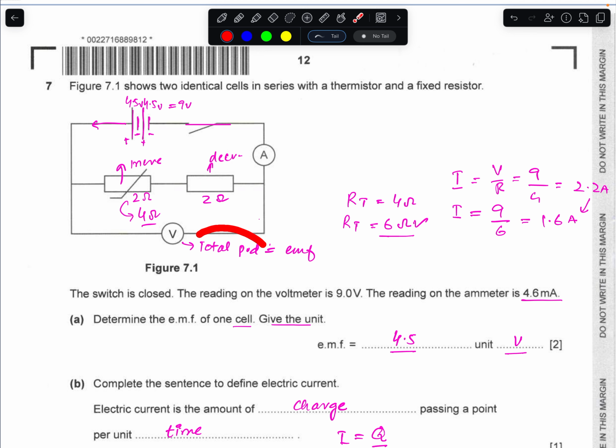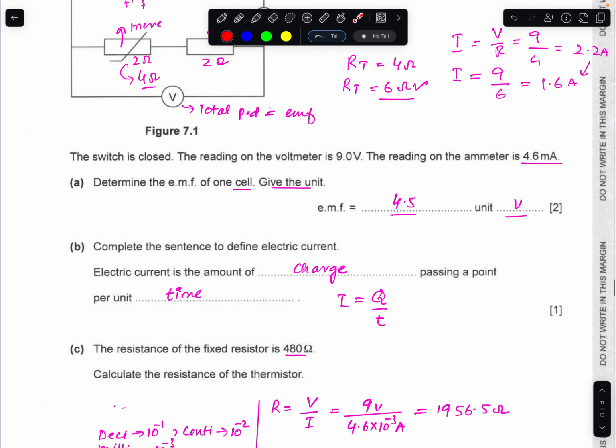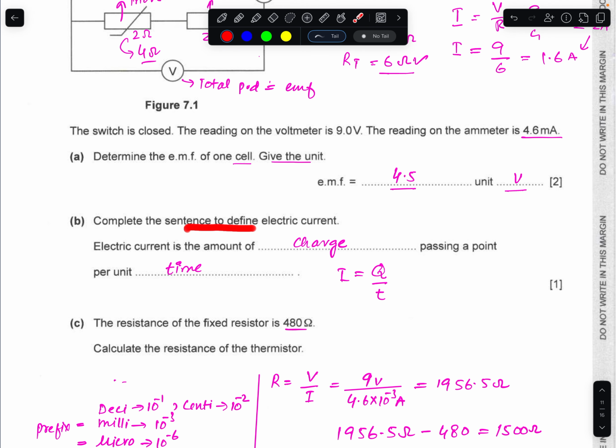So this total potential difference must equal the EMF. If the total EMF is 9 volts, then each cell has 4.5 and 4.5 volts. So the EMF of one cell is 4.5 volts.